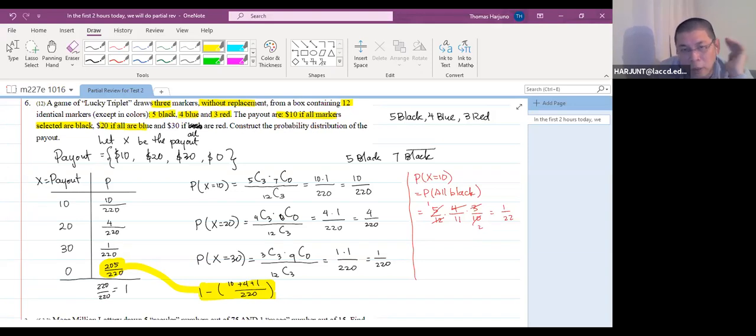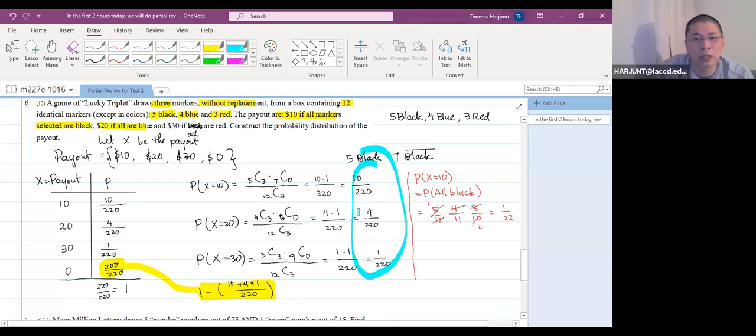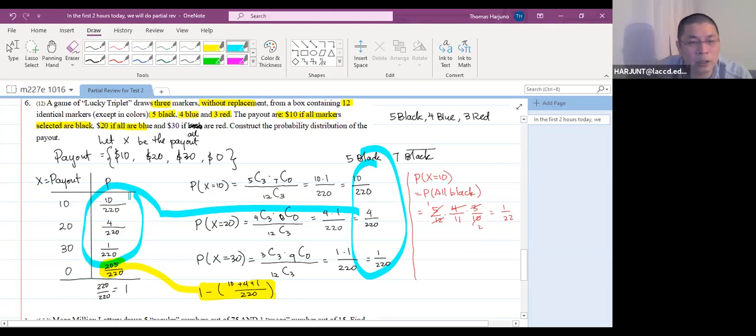And then once we put these three probabilities here, I hope you realize that the total is not 1, and there's some payout that we haven't listed yet, and that is the event where the payout is 0. Now, there are so many possible events where the payout is 0.